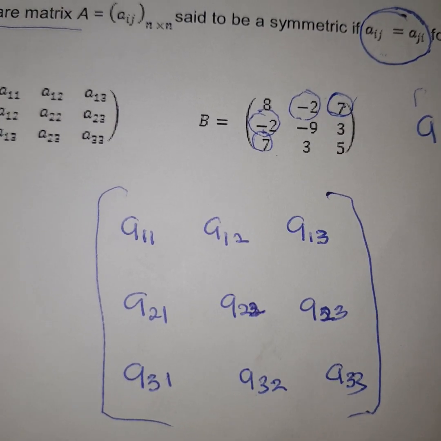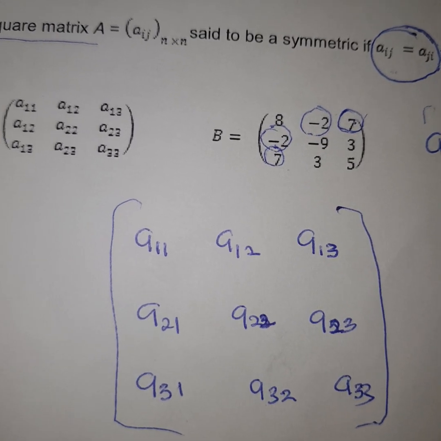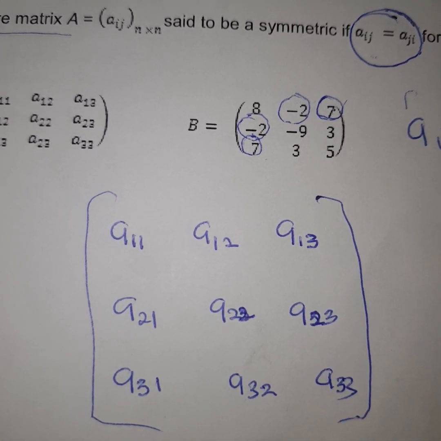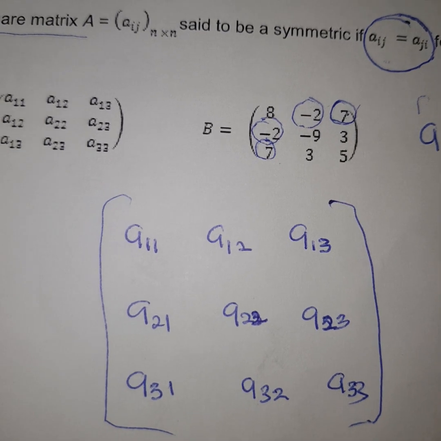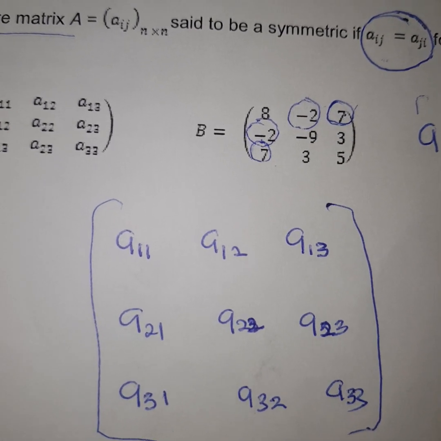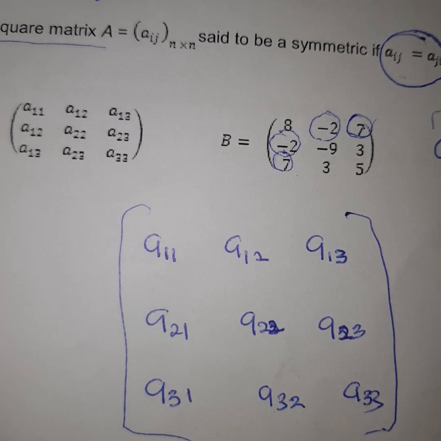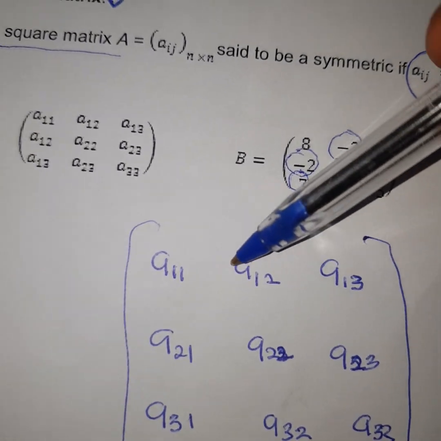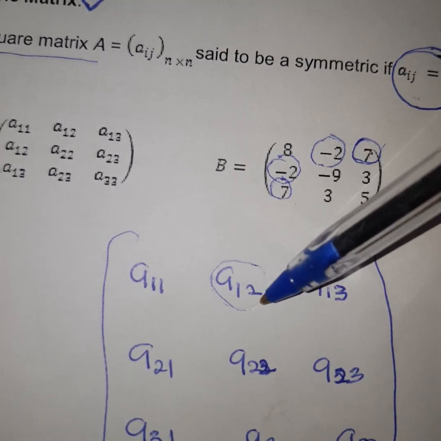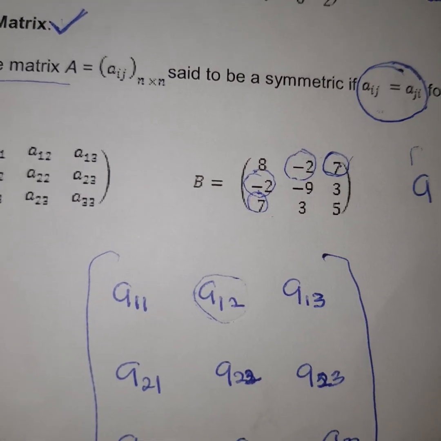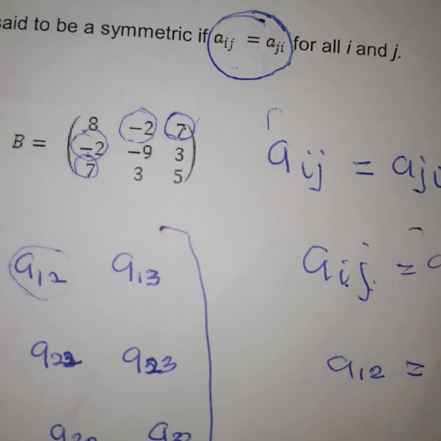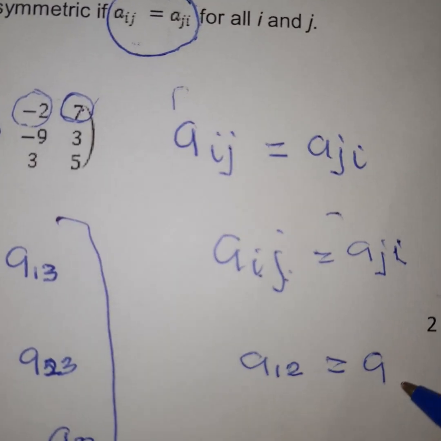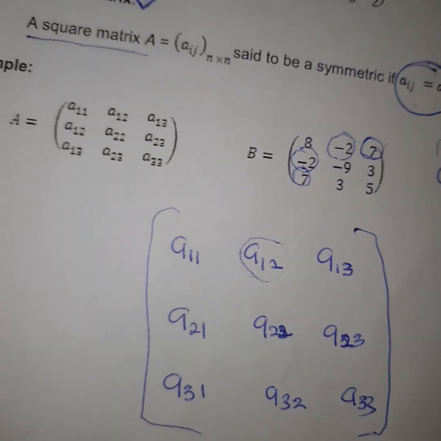It means that A12 should be equal to A21.